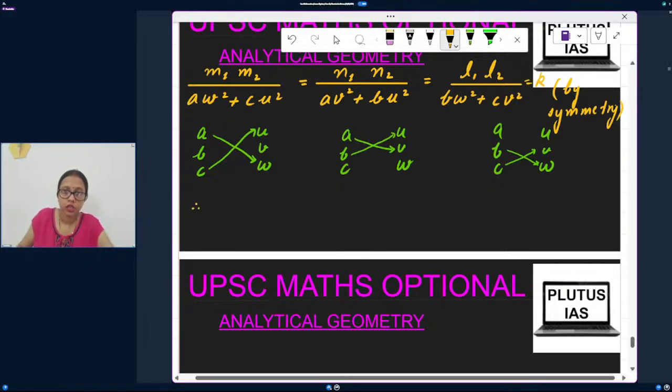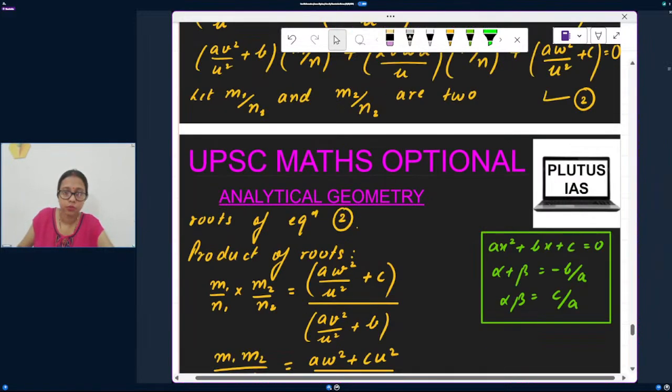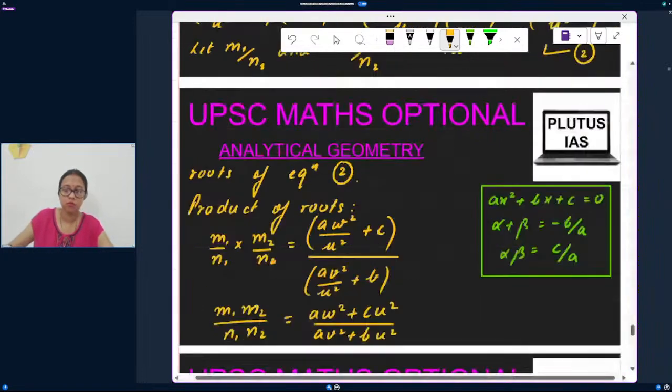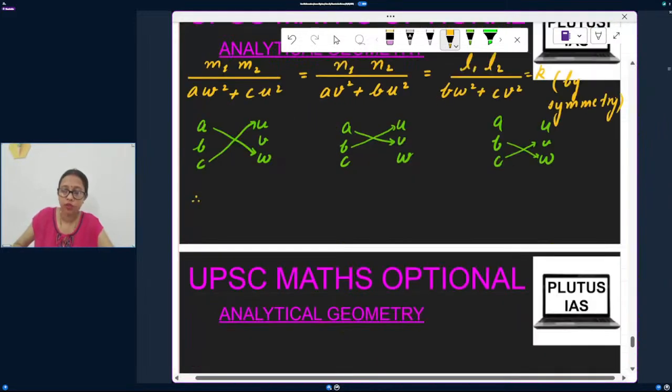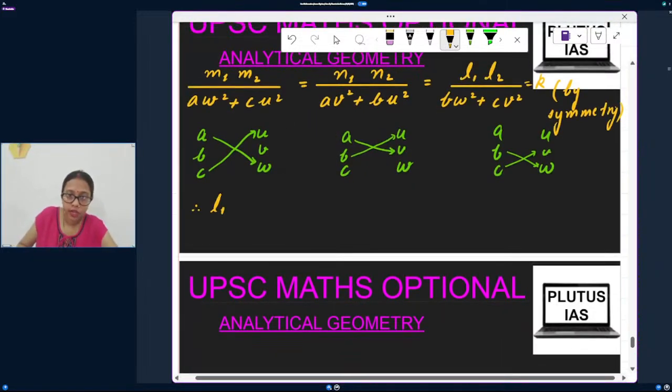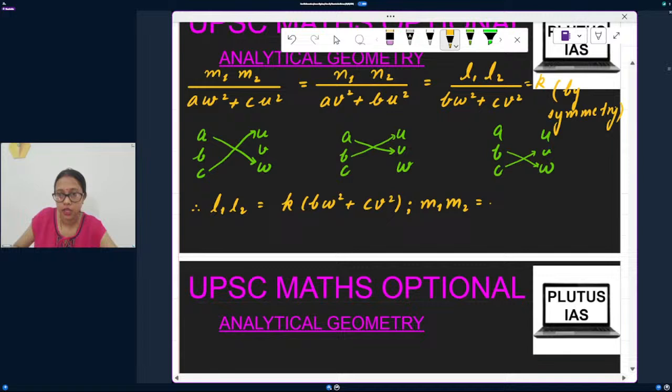Therefore L1 L2 is k times bw square plus cv square. M1 M2 is k times aw square plus cu square.